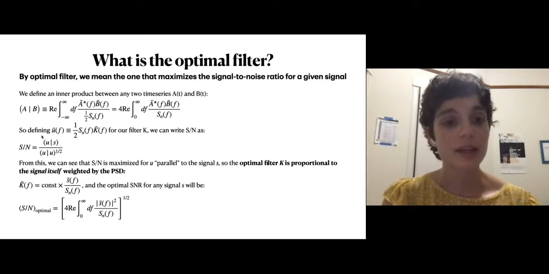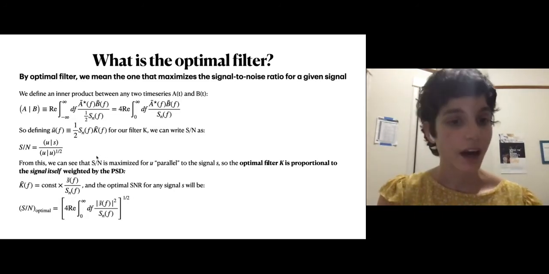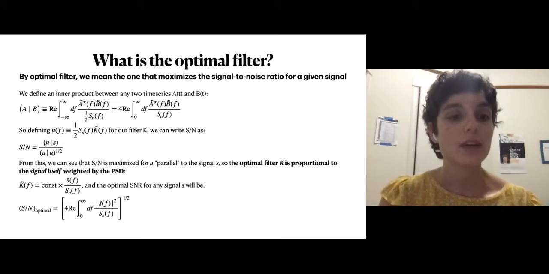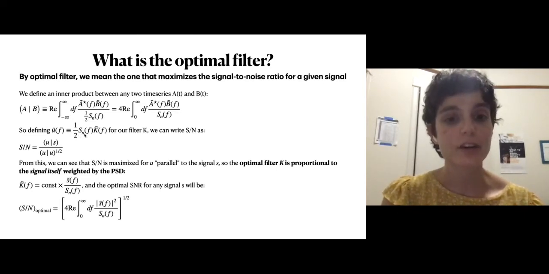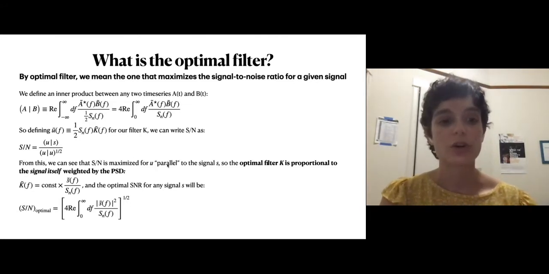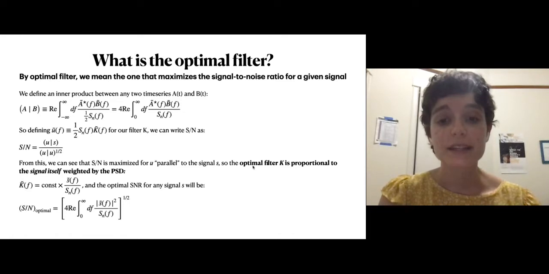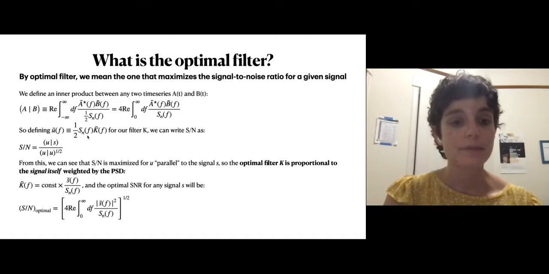So from this inner product notation, it's easier to understand this fact, which is that the SNR is maximized when we take u, which again just depends on our filter and the power spectral density of our noise, to be parallel to the signal s, so proportional to that signal itself. So basically the optimal filter k is proportional to the signal itself weighted by the power spectral density S sub n.